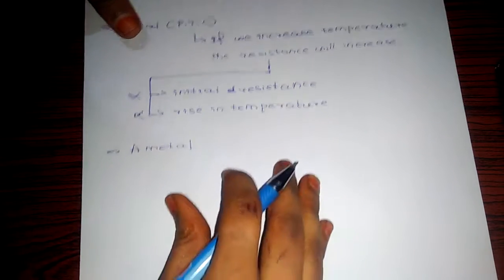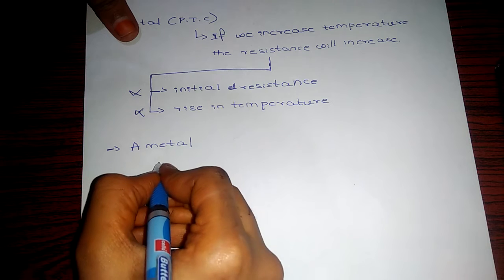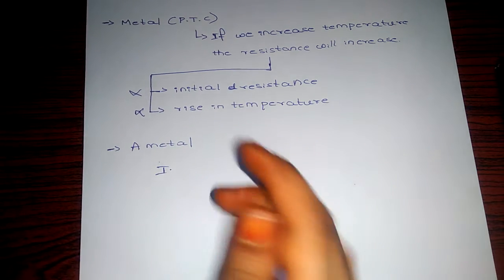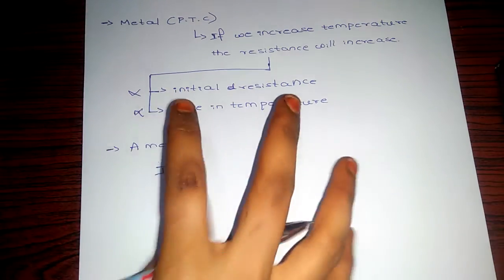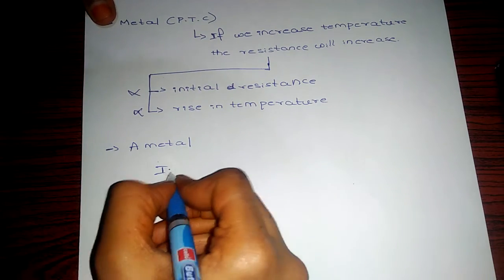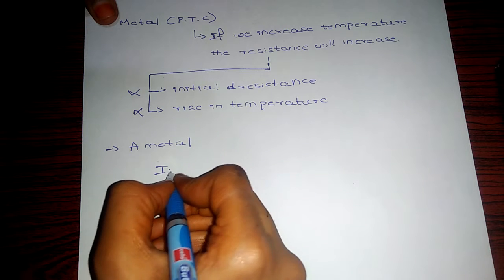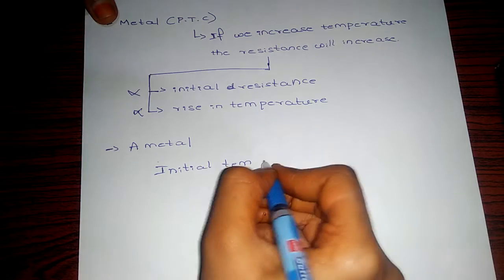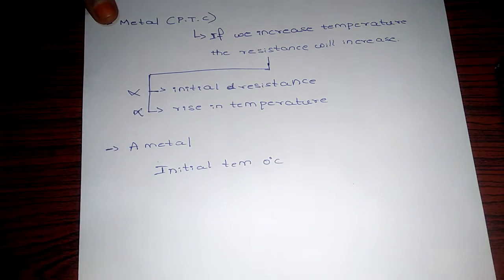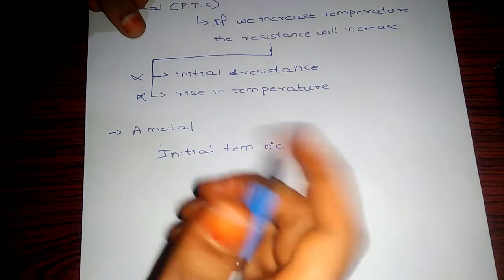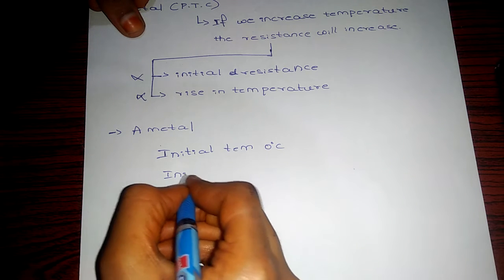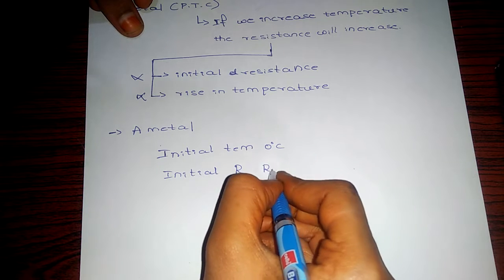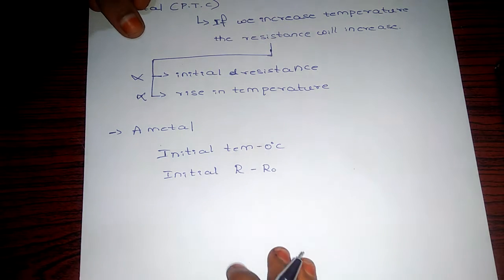So take a metal with initial conditions first. The initial temperature is 0 degrees, and it has initial resistance R naught.